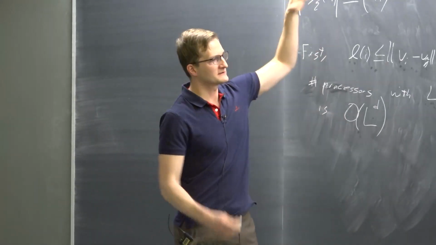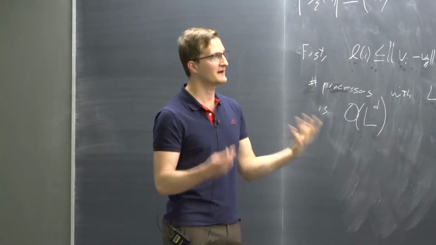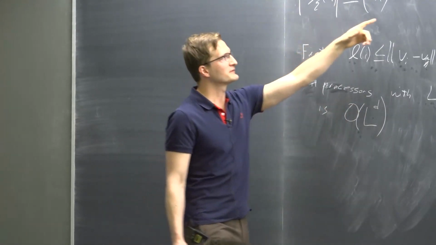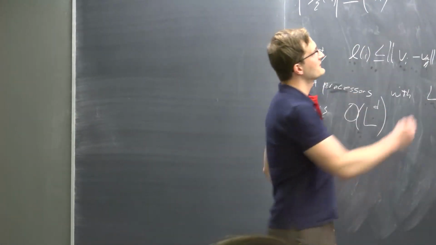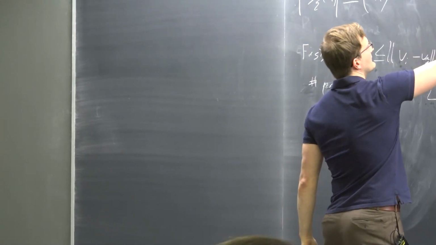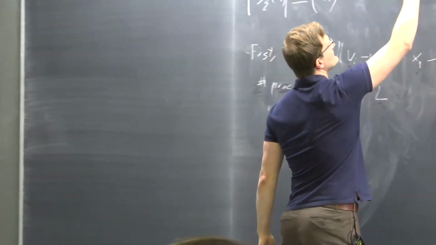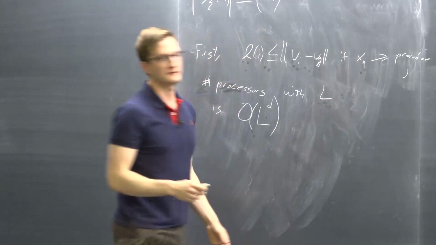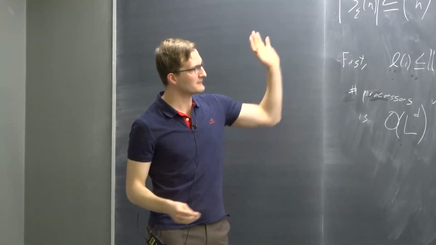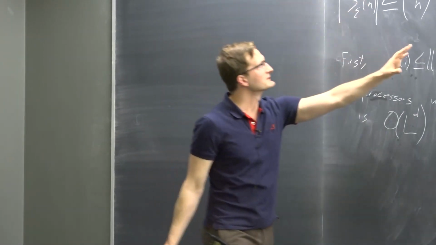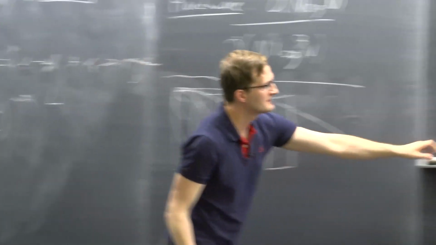So when I'm trying to construct a list and count it, where these elements only go a distance L, I only have L to the D processors to choose from for the remaining n minus n messages. So I can upper bound the number of these sorts like that.